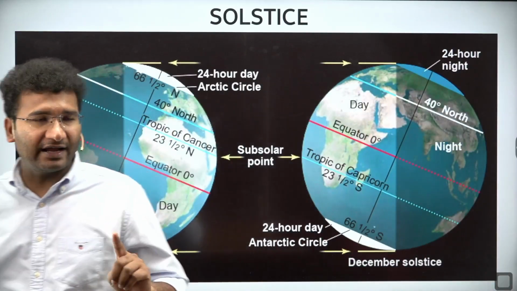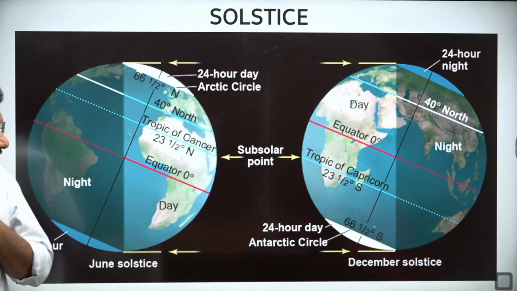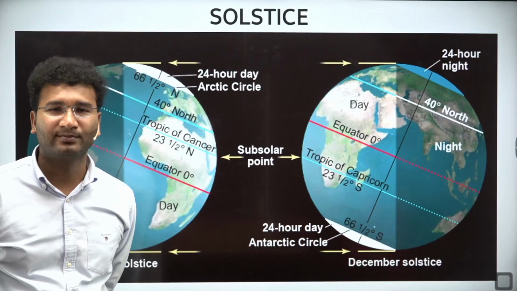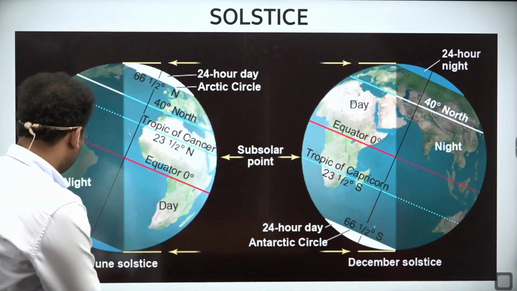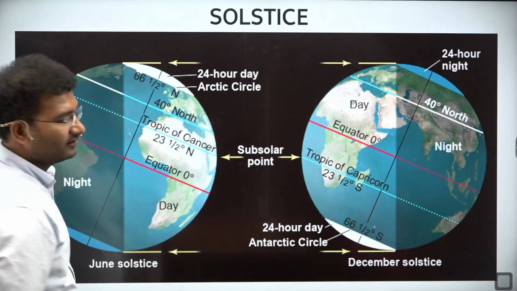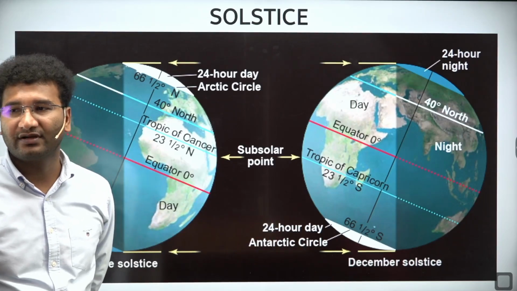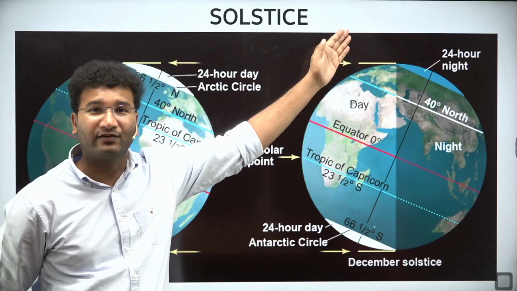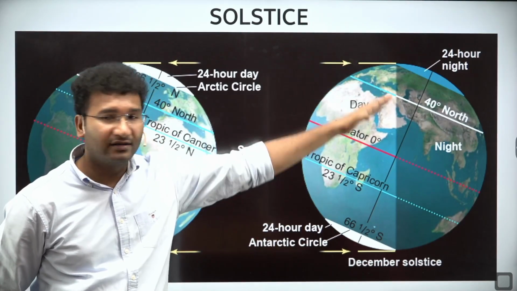Now, do you have light? First, let's look into the December solstice. 24 hours of darkness at the North Pole, right? 24 hours of darkness in the month of December.